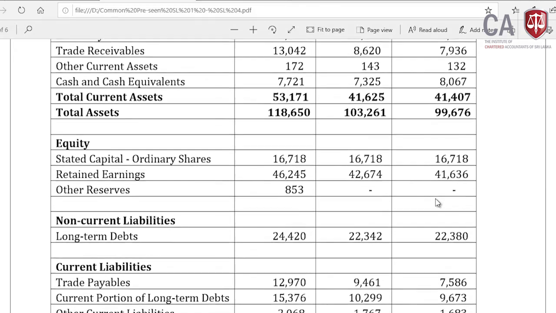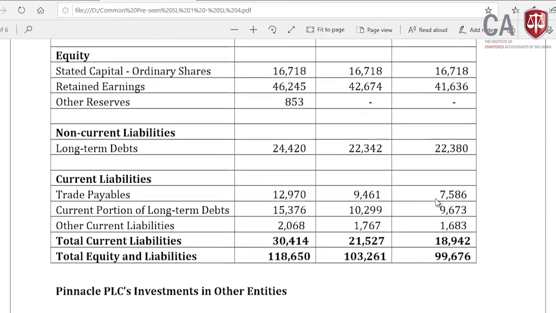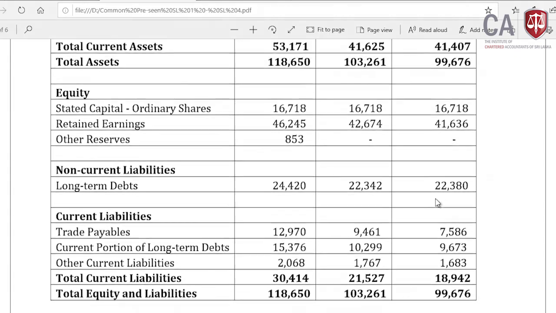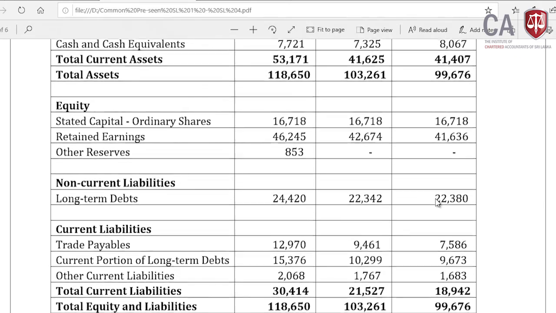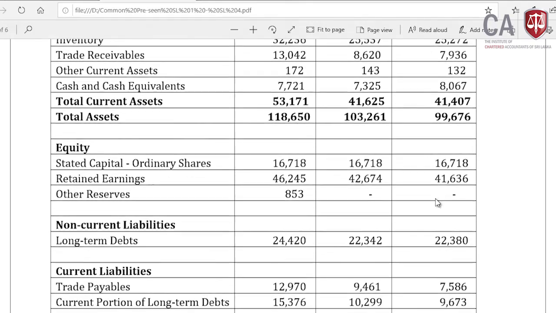Then equity, then we can see long term debts, there is no significant increase. The total current liabilities have also increased compared with 2018 and 2017.